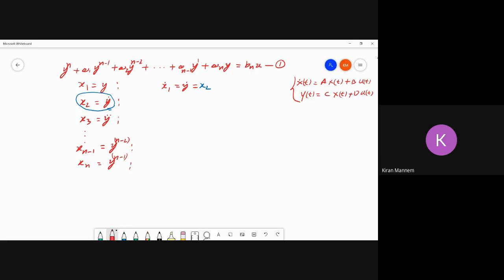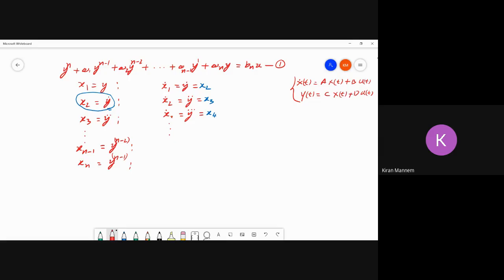Similarly, x2 dot is equal to y double dot, which is equal to x3. Right. What is x3 dot? Which is equal to y triple dot, which is equal to x4. So I'll put 3 dots here.